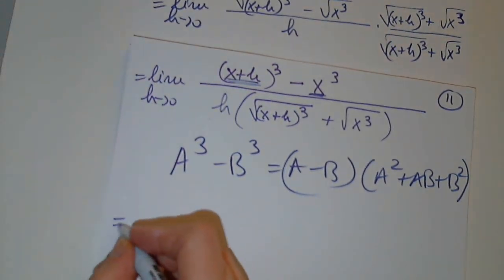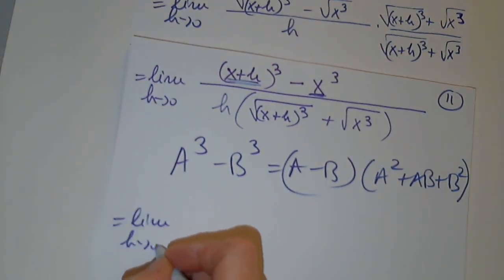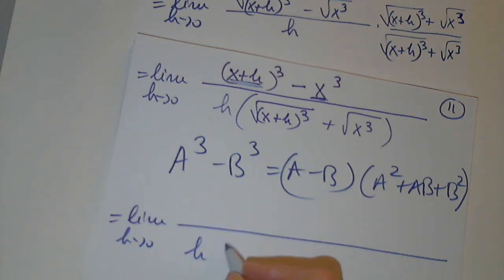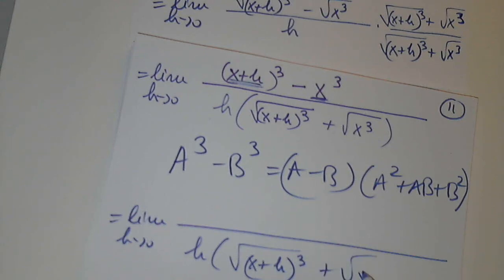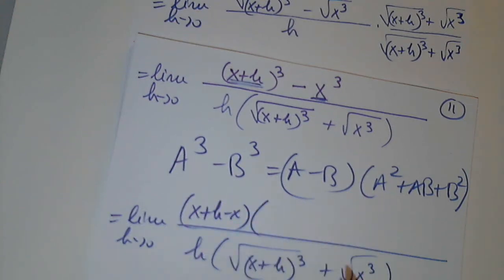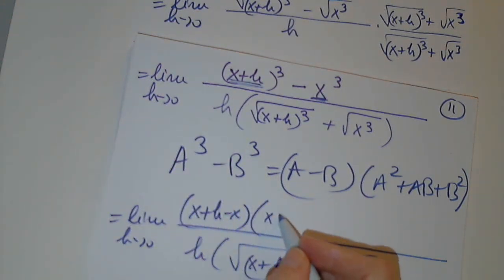Careful. So then we have limit as h approaches 0. So a minus b, x plus h minus x. Now a squared, do not square it.